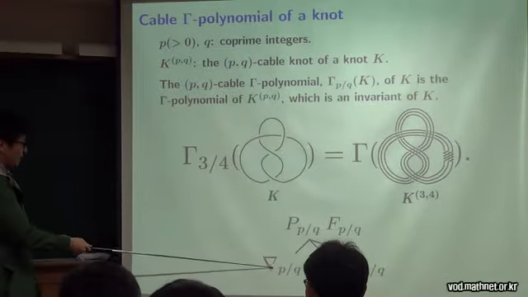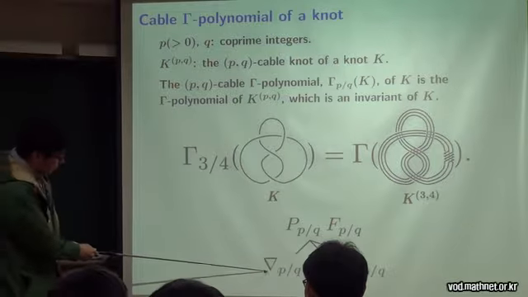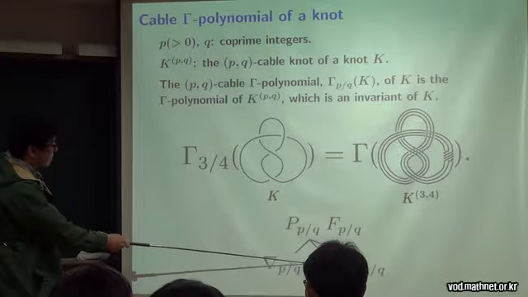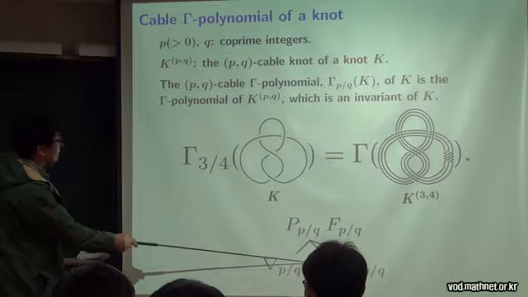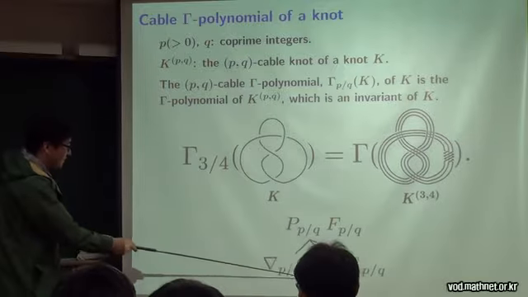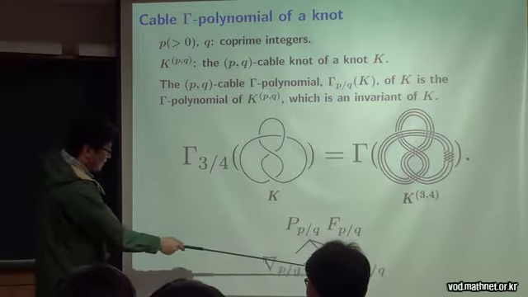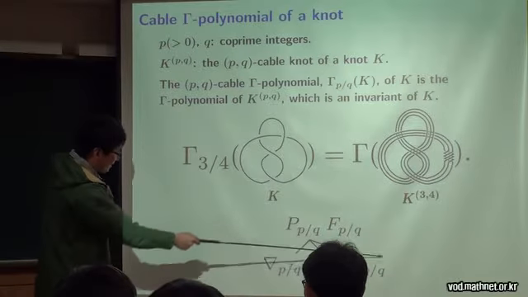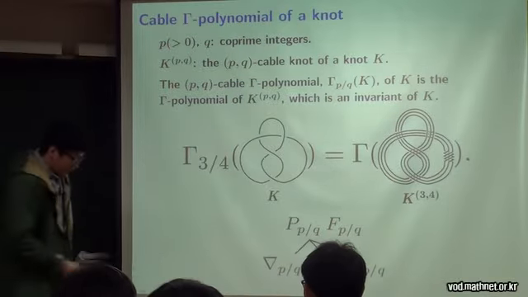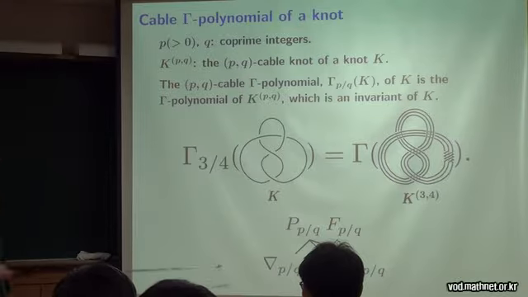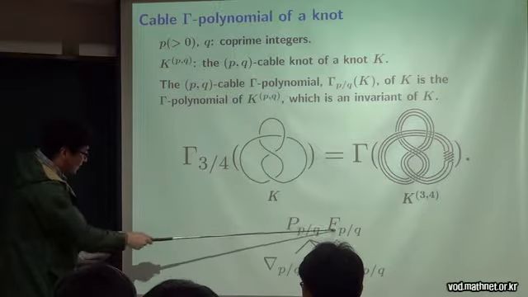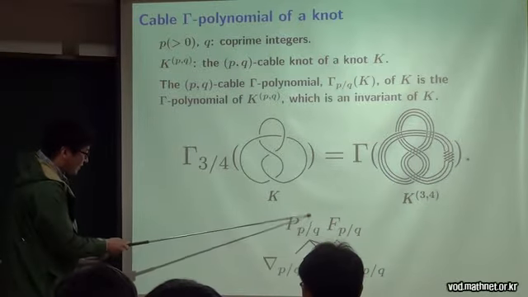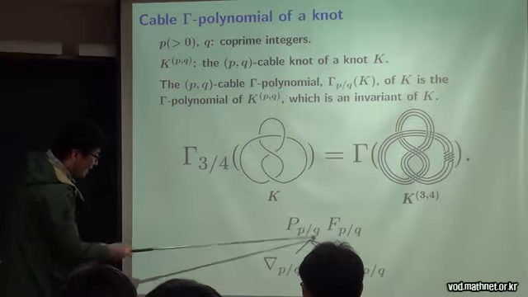And the Jones case is related to the volume conjecture. So our interest is this case. These two cases are also interesting, but the calculation is very hard. So I try this case.